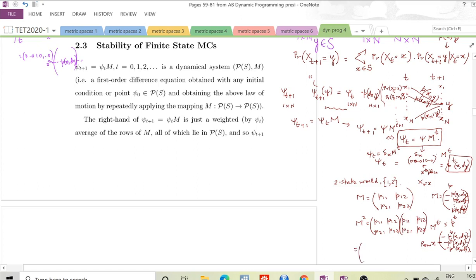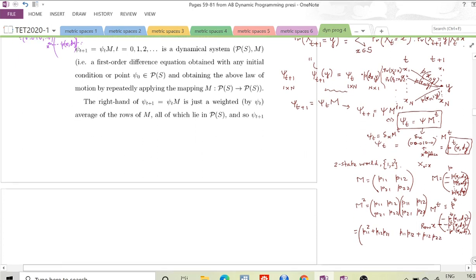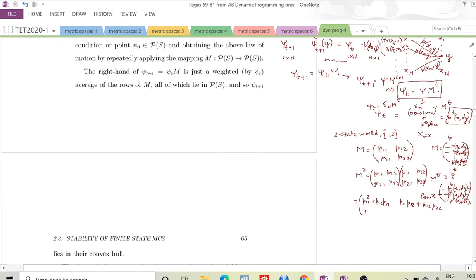That's equal to P11 squared plus P12 P21, P11 P12 plus P12 P22, P21 P11 plus P22 P21, and P21 P12 plus P22 squared.